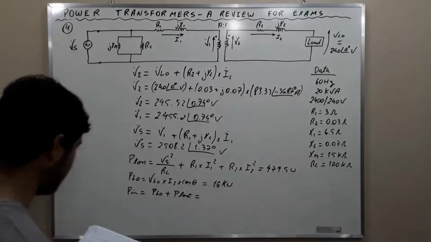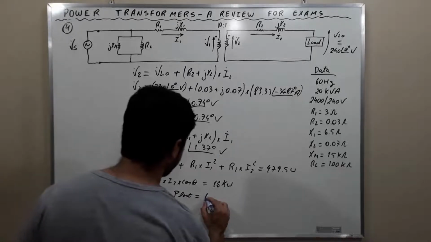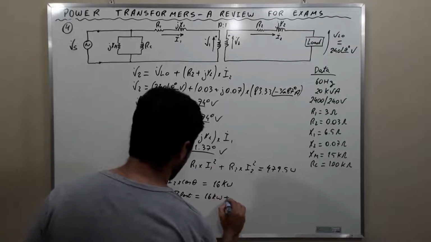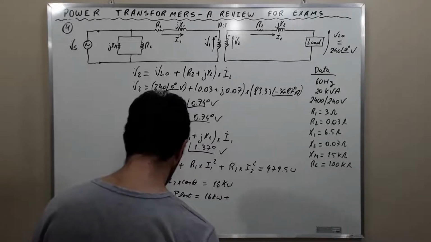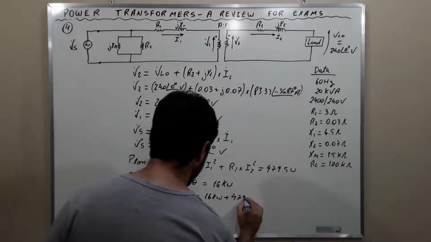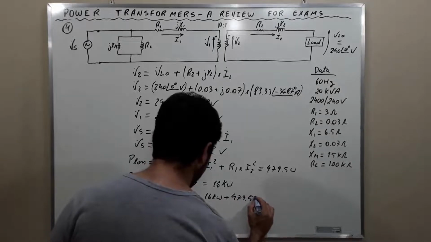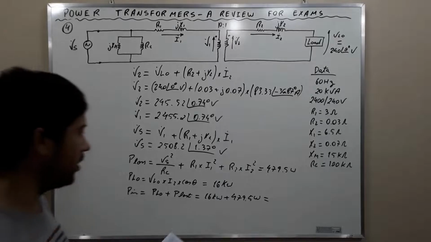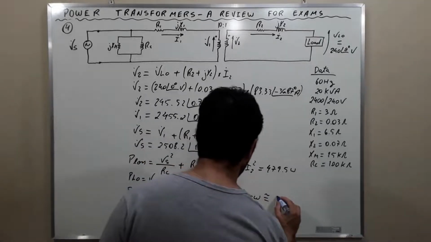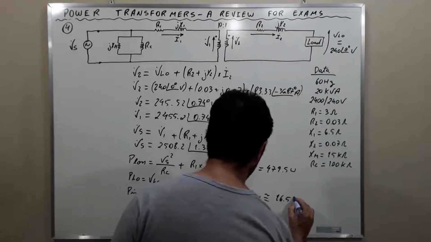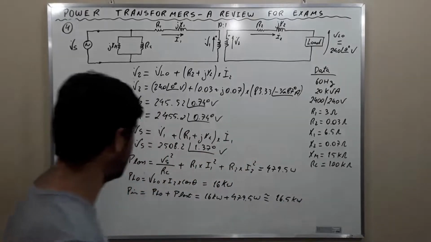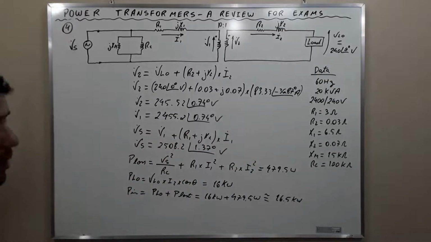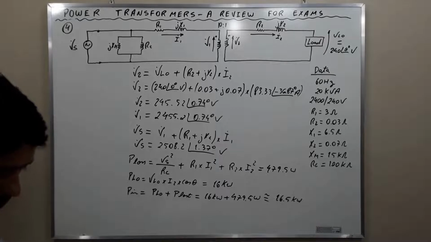And this is going to be 16 kilowatts plus 479.5 watts. And this is approximately equal to 16.5 kilowatts. This is the input power, the power that enters the transformer.